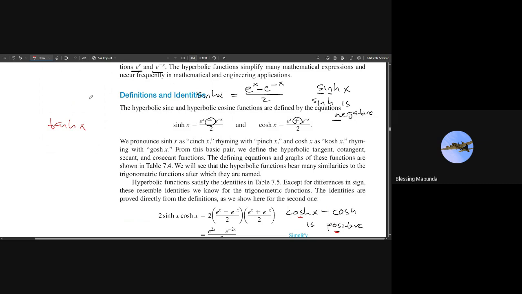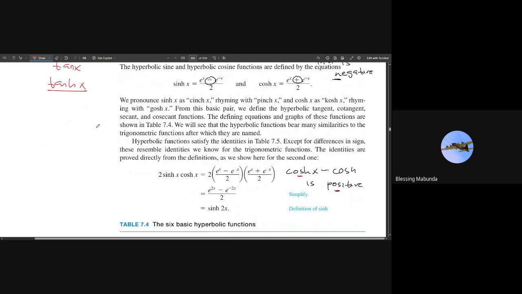To differentiate between tan and tanh, the way that I'll say it is that when it comes to this one here, I'll drag it out when pronouncing it. Okay, and then from there, sinh, this one here, you pronounce it as sinh, like that. And then for cosh, like I've been saying, pronounce that as cosh.